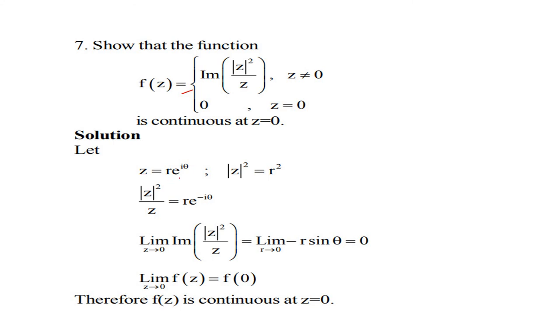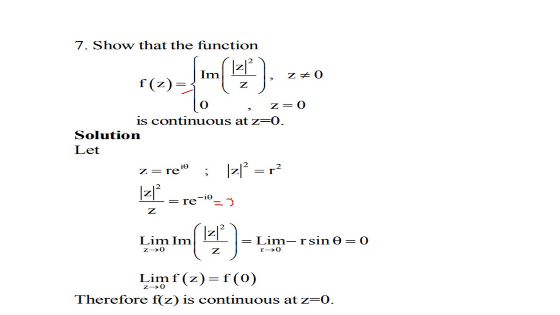So if z equal to r e raised to i theta, we have mod z equal to r, that is mod z square is equal to r square. So mod z square by z is r square by r e raised to i theta, which is r e raised to minus i theta.